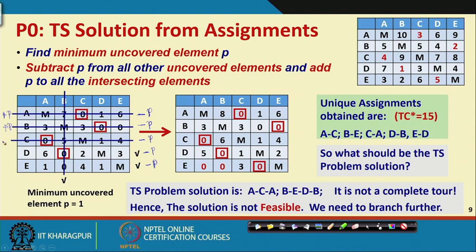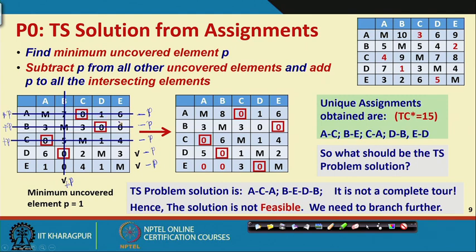So, you see this is the matrix manipulation that we are doing. The manipulation is that we are deducting P from all the rows and columns and we are adding P to those rows and columns where we have got lines. Is it okay? So, essentially what will happen, those items which are uncovered, they will be deducted by P. Those items which are covered, their minus and plus will cancel.